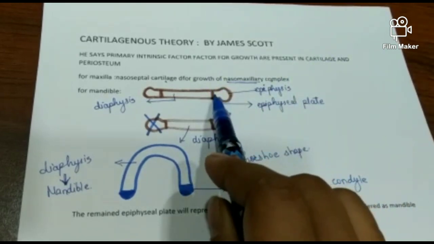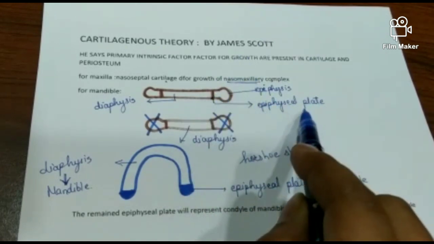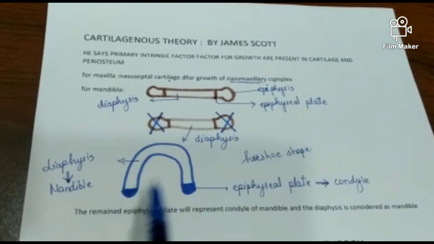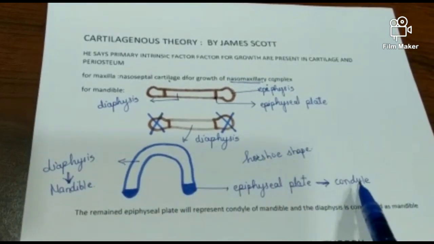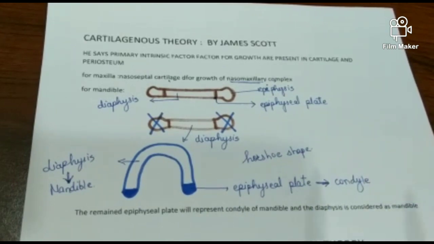This is the epiphyseal plate. When we remove the epiphysis, some part of the epiphyseal plate is also removed. So, the remaining part of the epiphyseal plate will act as a condyle. And this is what the cartilaginous theory explains.